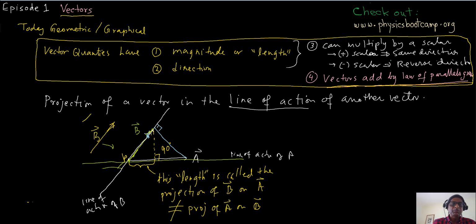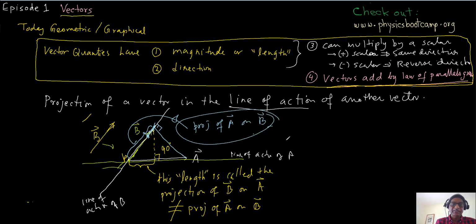Sometimes B was up to here, but I had to extend it. It might hit some extended line. So this thing is what we'll call projection of A on B, and you can clearly see that this is not the same as that. Okay, so projection of A on B is different than projection of B on A.